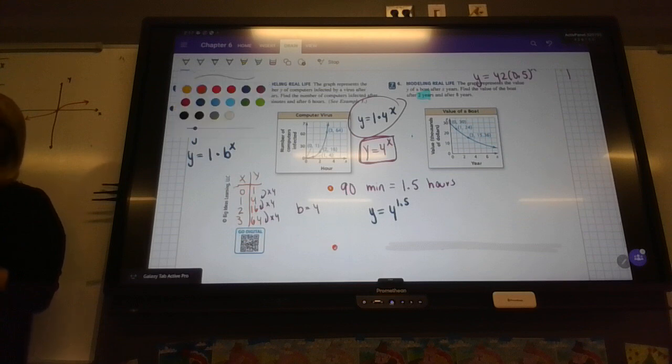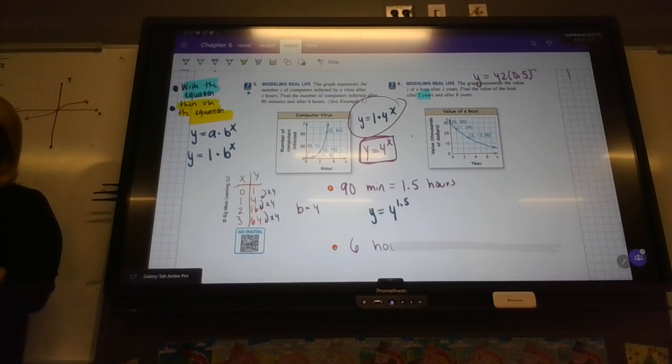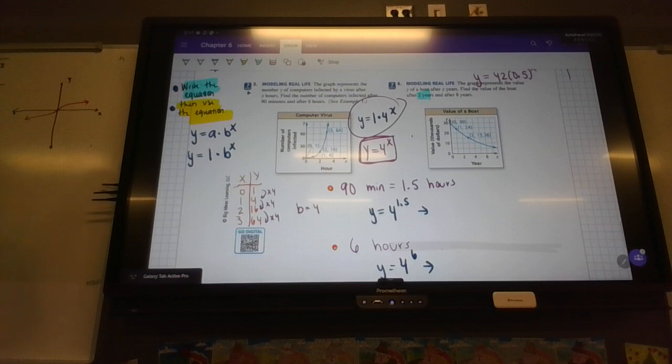And then we have to do it again. It's asking us to do it twice. So we'll do y equals 4 to the 6th power. You already have your calculator out and ready from bell work. Go ahead, 4 to the 1.5 and 4 to the 6.